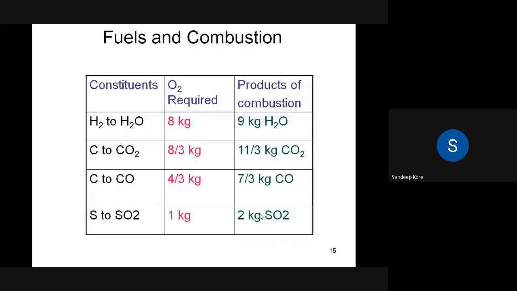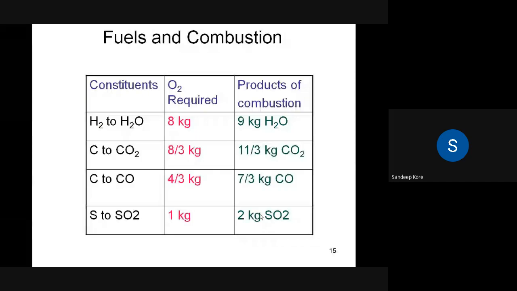So, this gives us the constituents, the oxygen required and the product formed. For hydrogen to convert into water, we need 8 kg of oxygen, and it is going to form 9 kg of water.